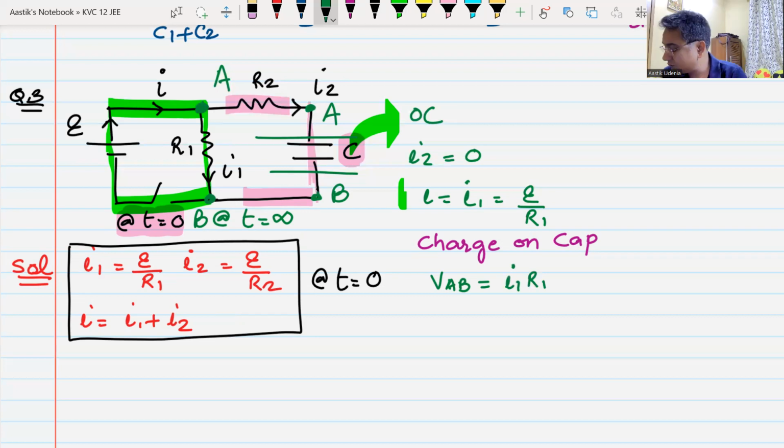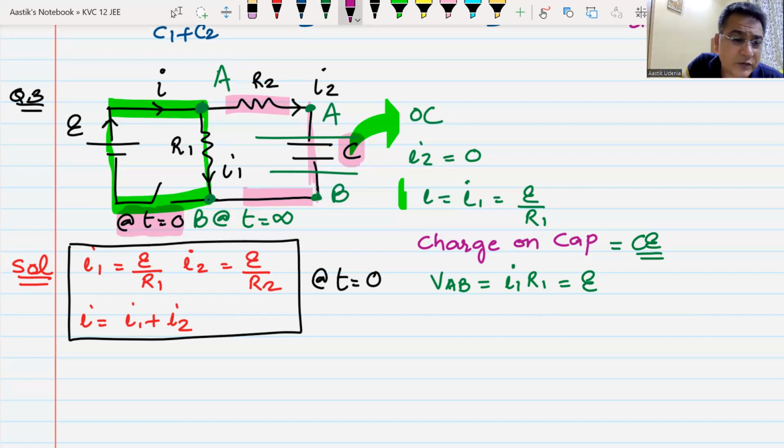I1 is E by R1, so E by R1 multiplied by R1. The potential difference becomes E. Therefore, the steady state charge on the capacitor becomes C into E. And that is the answer that we are looking at.